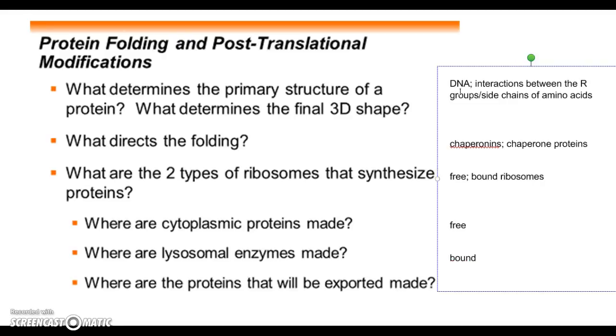And same thing here. So if they're going to be exported from the cell, so for example, hormones that will export and travel throughout the body, those will also be made at a bound ribosome. So I'm going to think optimistically that you all can still remember those things from earlier in the semester.